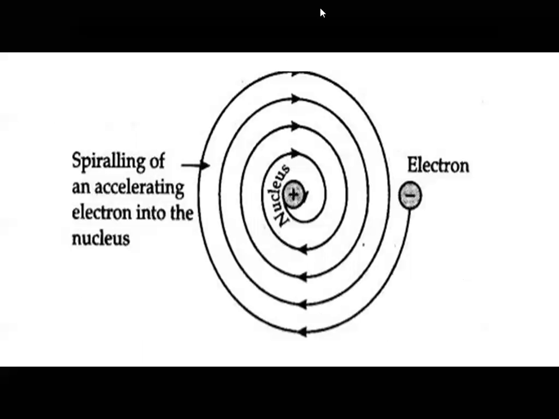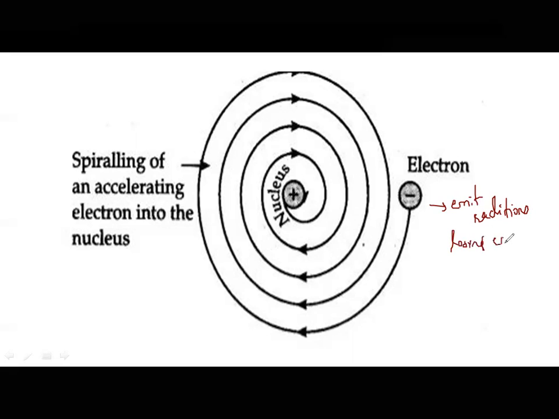Here is the explanation. Any charged body, when it is revolving, will continuously lose energy. That means it will continuously emit radiations. Since it is accelerating, it will go on emitting radiations and losing energy.